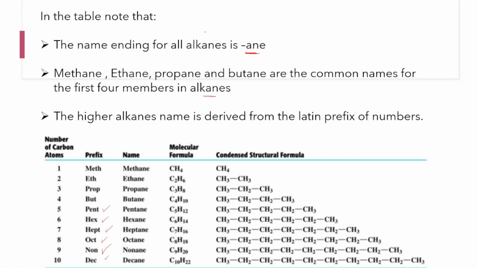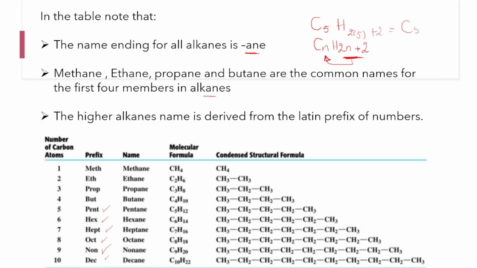You can see that the general formula for alkanes is CnH2n+2. This means that the number of hydrogens follows that rule regarding the number of carbons. So for example, if we have C5, the number of hydrogens is going to be 2 times 5 plus 2, which means 12.